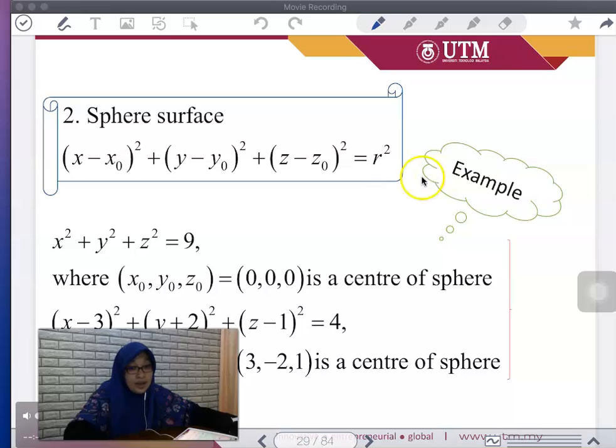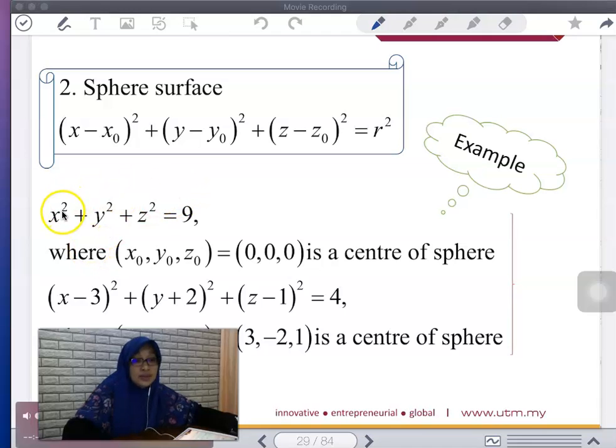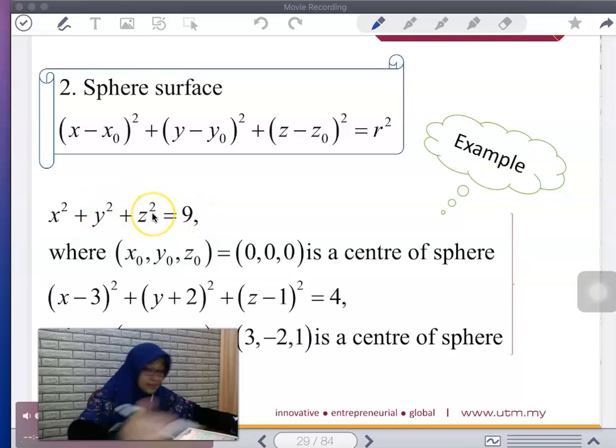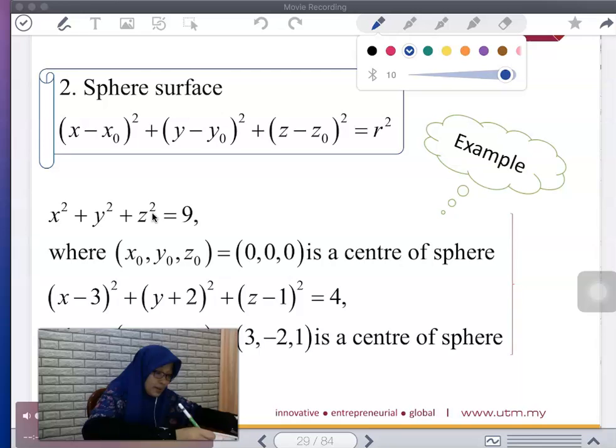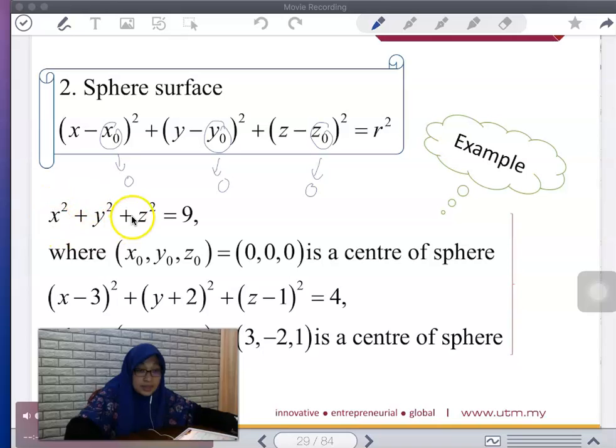The simplest example: let's say you have x squared plus y squared plus z squared equal to 9. If you compare with the general form, the center is 0, 0, 0 for this particular example.